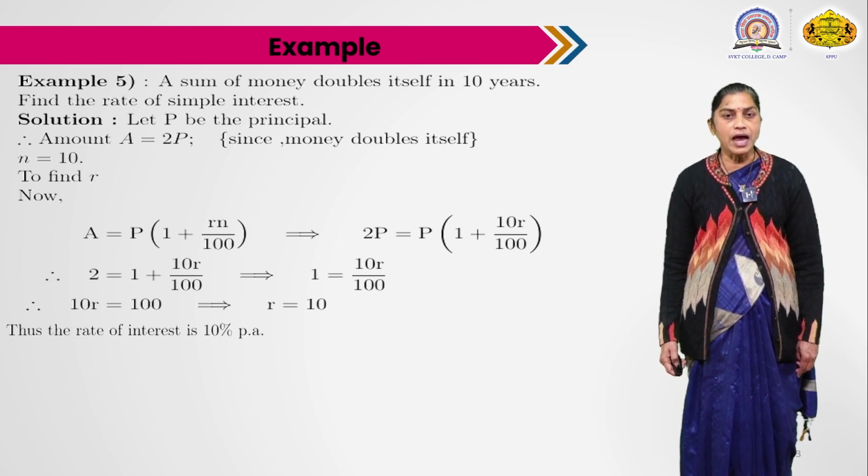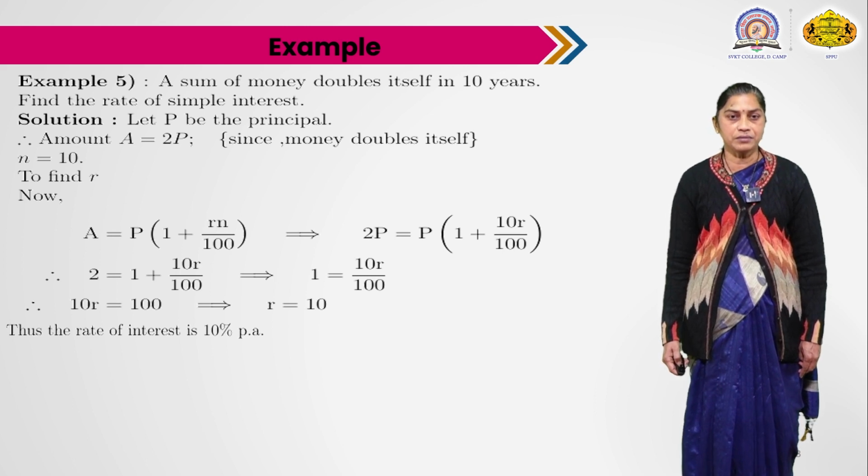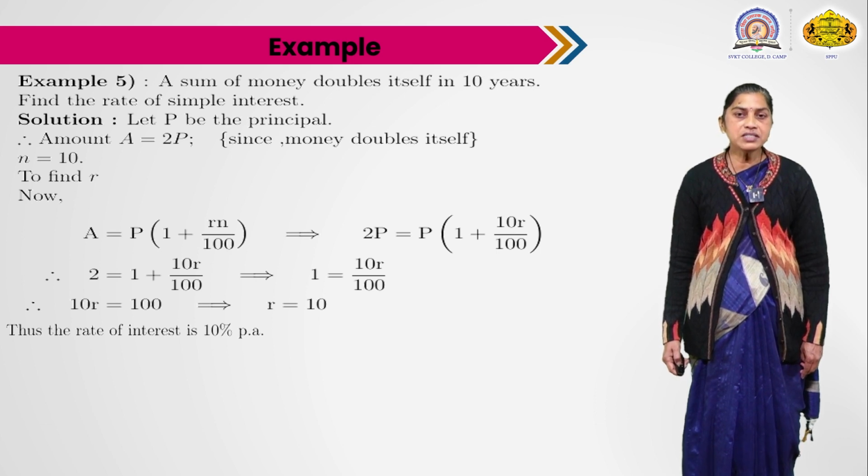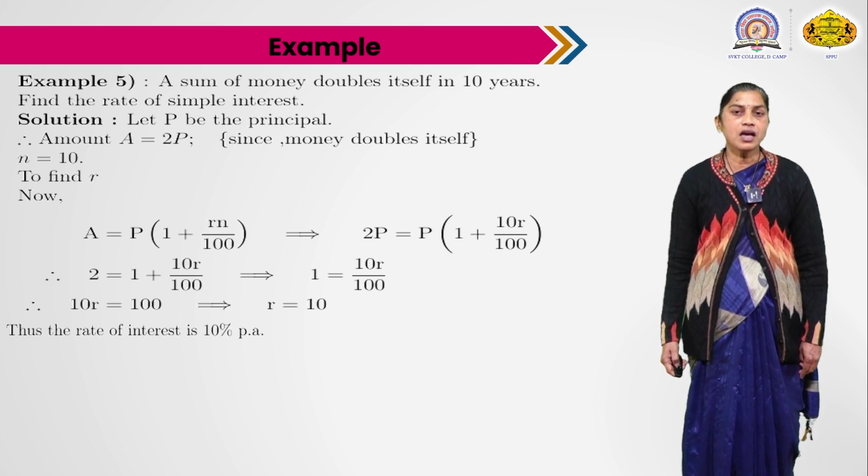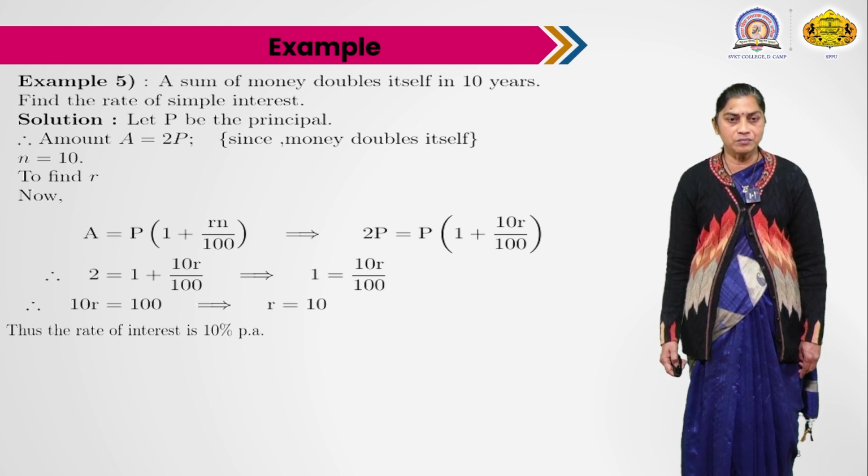So, we assume that P is the principal. As it doubles itself, the amount becomes 2 times principal, that is 2P, and it doubles in 10 years, which means the term is given, that is the value of n comes to be 10. We want to find the rate of interest, that is we want to find R.